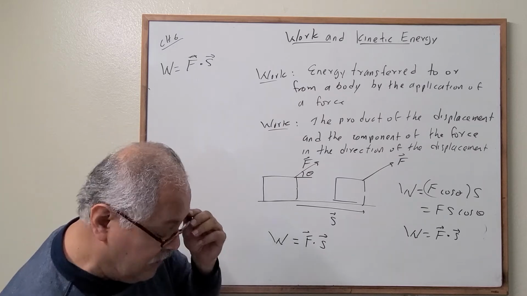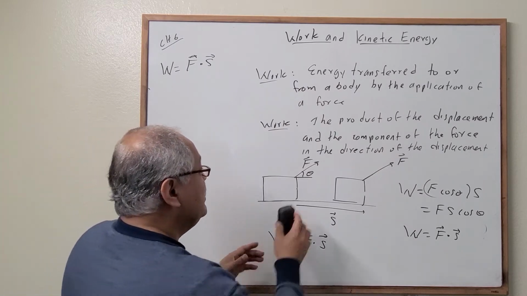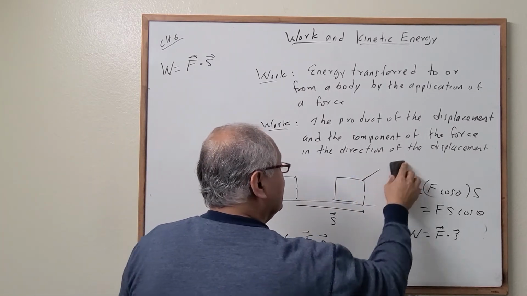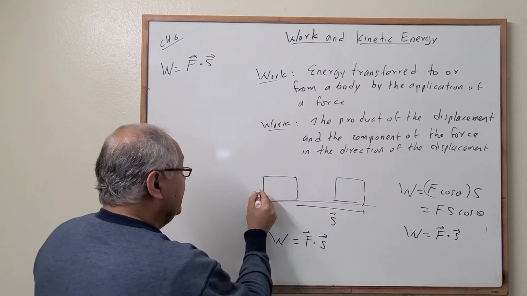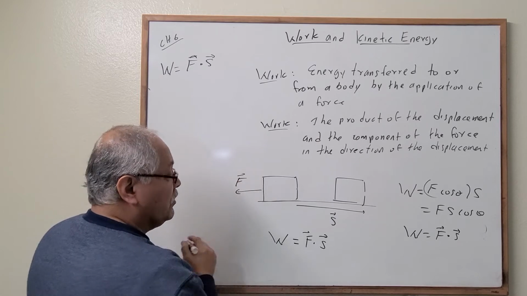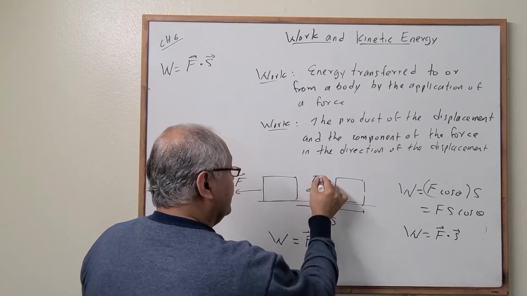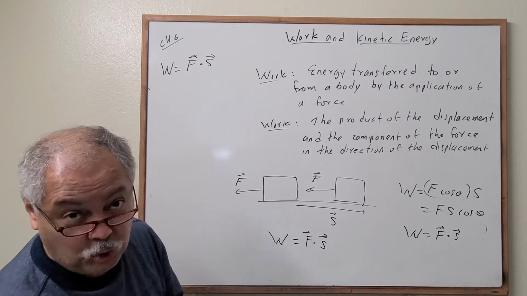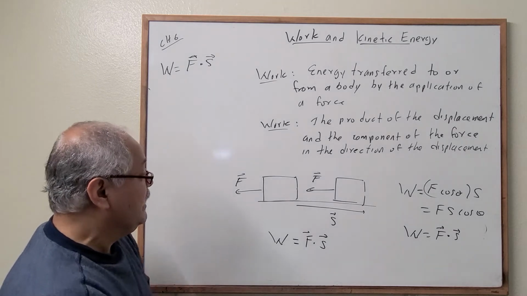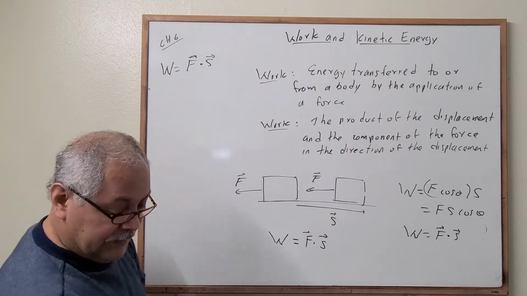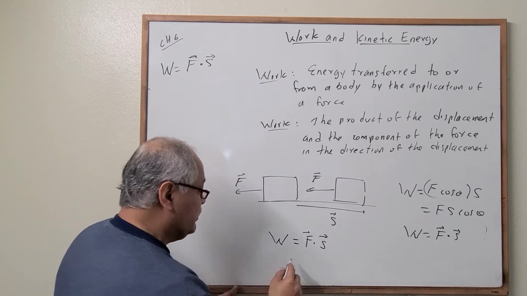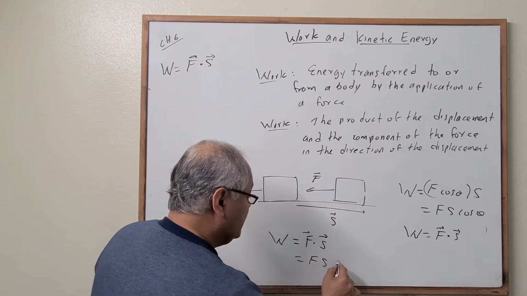Now, what happens if we are dealing with this situation, right? In this case, the force is opposite to the displacement, correct? All the time, the force is constant. Perfect.